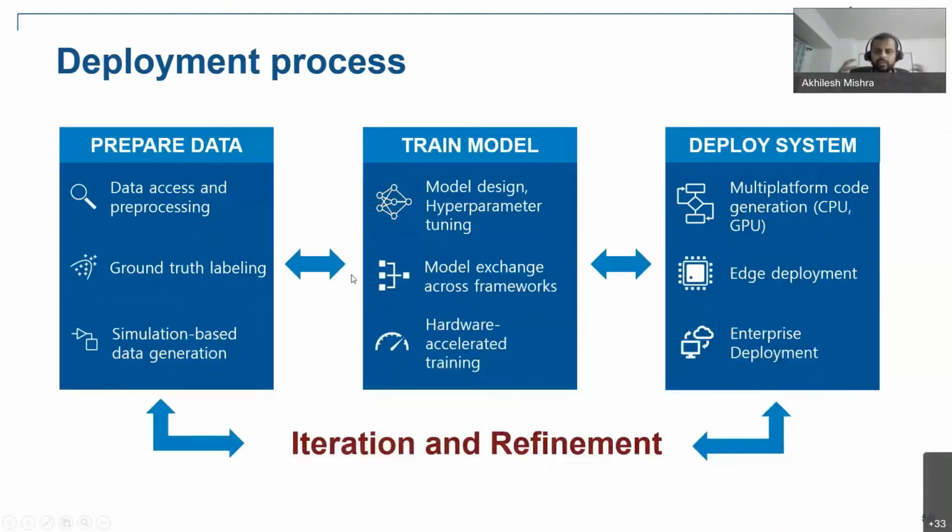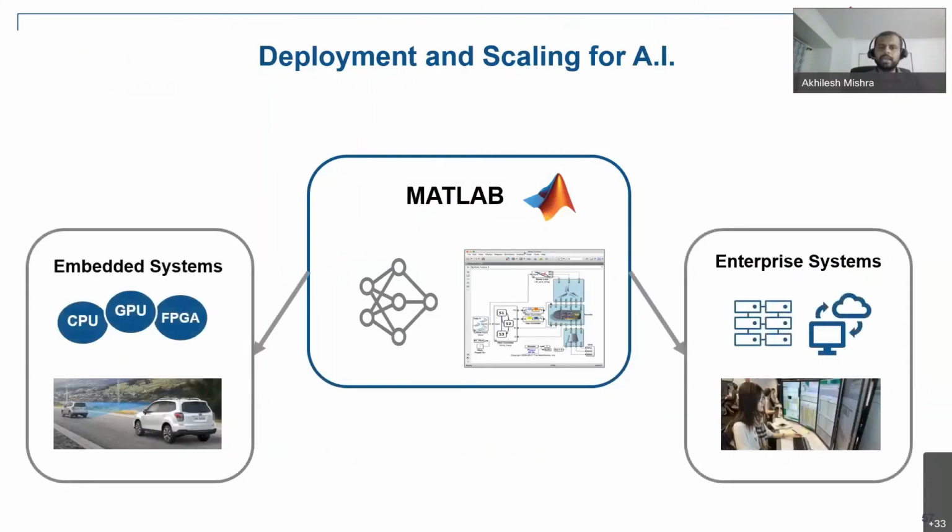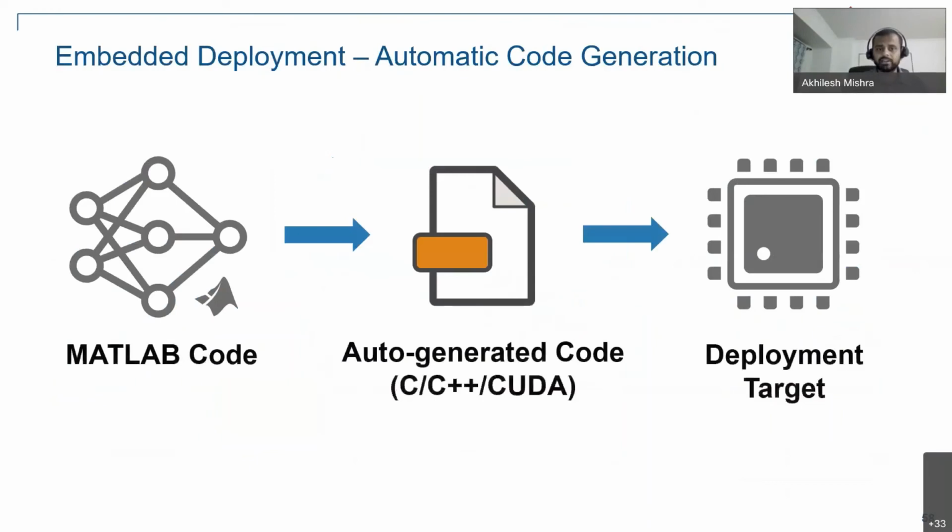So once we have developed these AI models, one of the important things for our medical manufacturing and instrument manufacturing people is to deploy the system. As of today, you can take these algorithms directly from MATLAB and deploy them as an enterprise system on the cloud, like AWS, Azure, and whatnot, but also generate code which can go onto CPUs, GPUs, or FPGAs, different embedded targets.